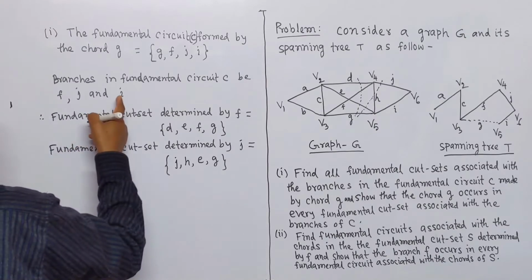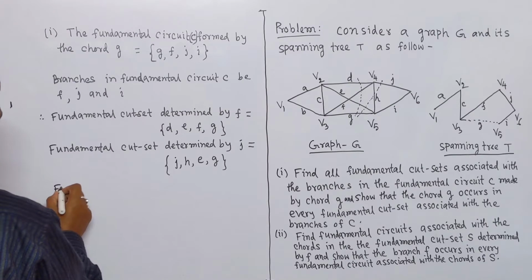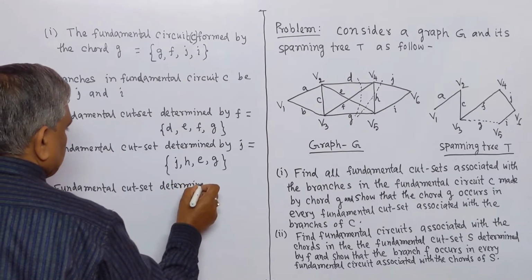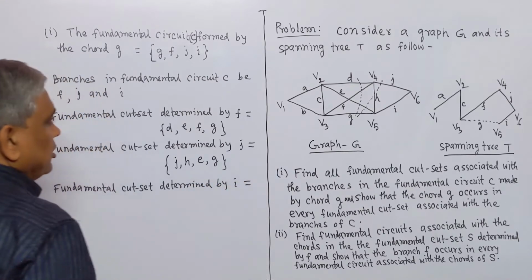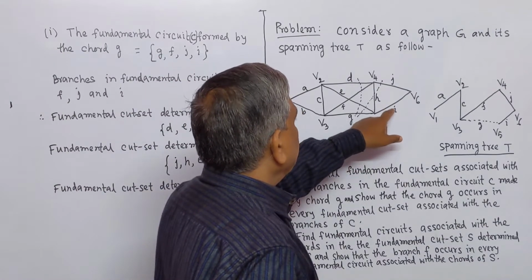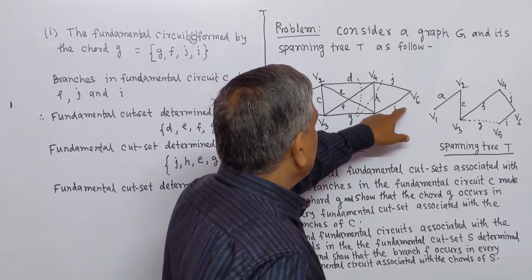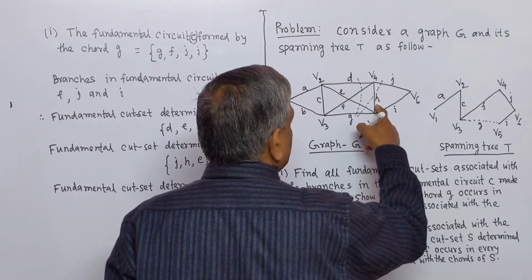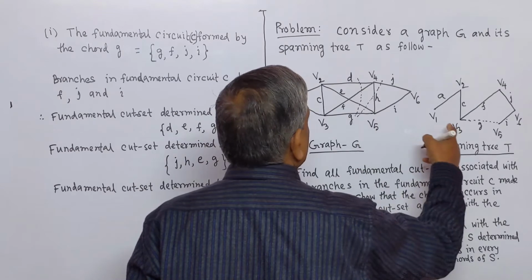Now fundamental cut set determined by I. Here I be the branch, J be also branch. So we may not take J. Here H is not a branch, E is not a branch and G is not a branch.